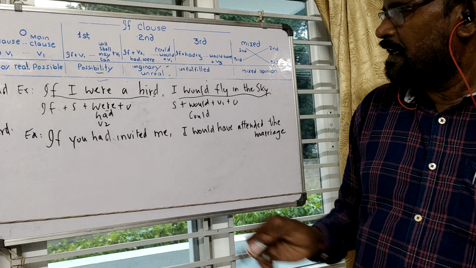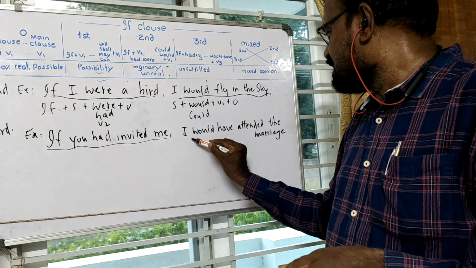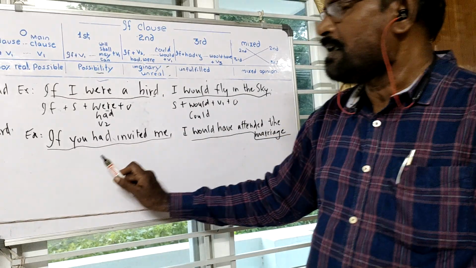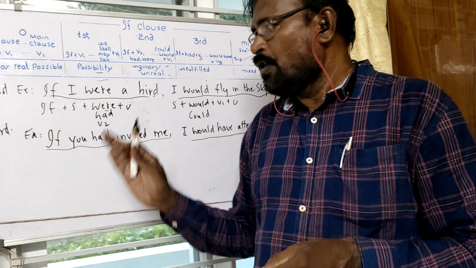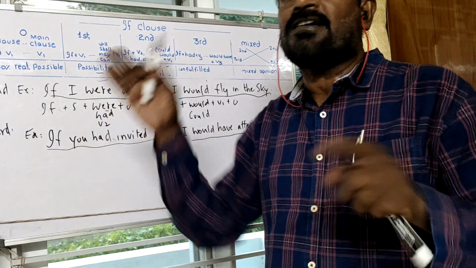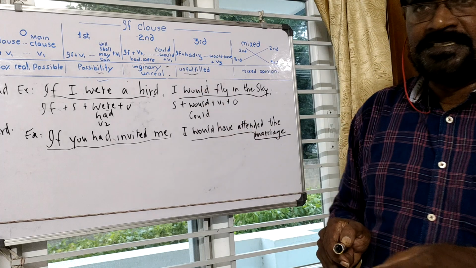See this sentence here. It is the if clause and it is the main clause. And we are talking here not about the present things and not the future things. We are talking about the past things which are not completed. See these unfulfilled things.